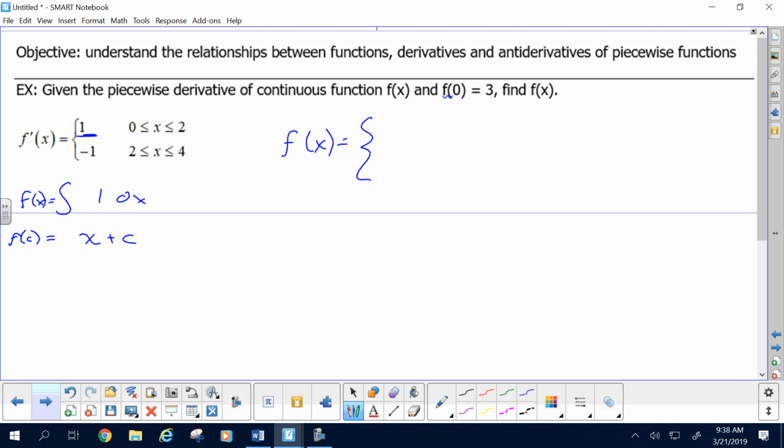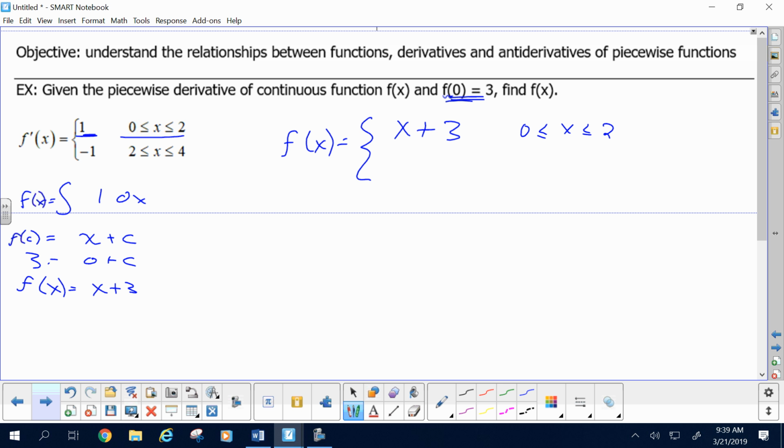And they tell me an initial condition that applies to this domain. At 0, y was 3. So 3 equals 0 plus c. That tells me that the first branch seems to be x plus 3. Very cool. Now that applies from 0 all the way to 2. Includes.